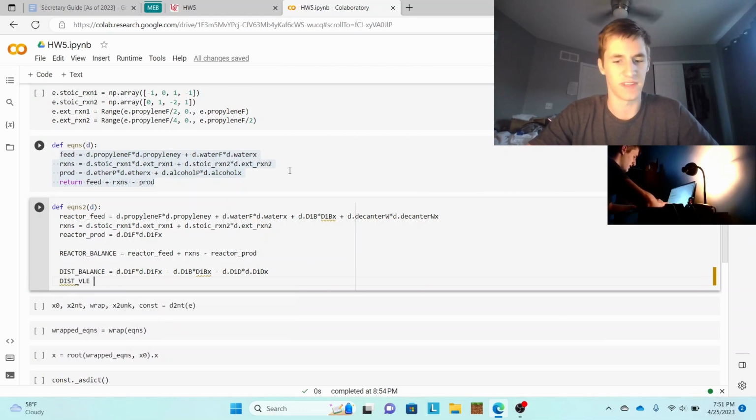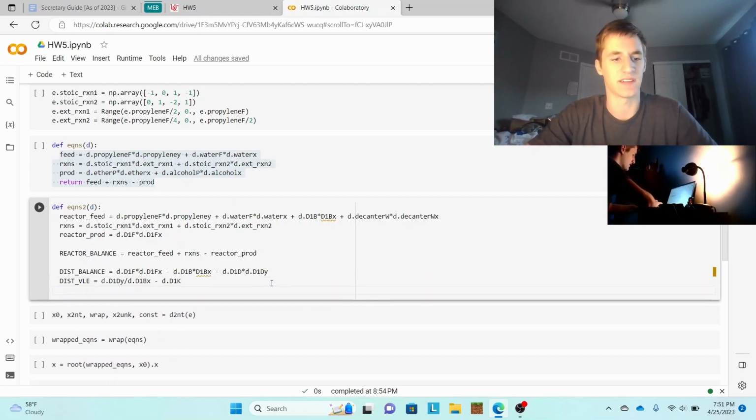So distillation VLE equals D dot D1 dy, right? I want to change this to y because it is a vapor, over D dot D1bx. And we want to subtract our equilibrium constant K.